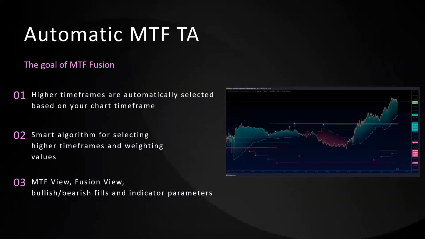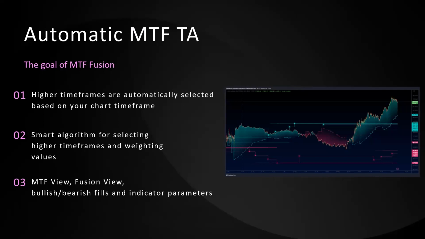So what we try to do with these multi-timeframe fusion indicators is do automatic multi-timeframe technical analysis. That's the goal of these MTF Fusion indicators. The way it works is, when you apply any of these MTF Fusion indicators to a chart, we have an algorithm in place that we've done a lot of testing on to make sure the selections are logical relative to the time frame you're on.